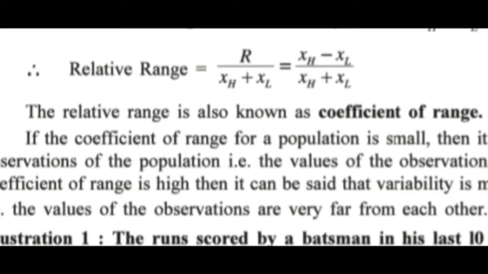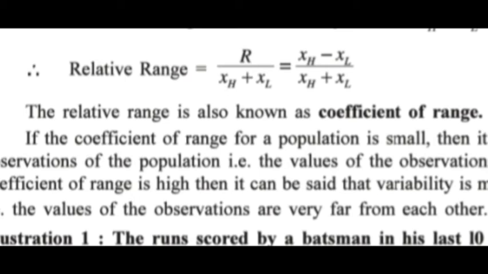coefficient of range. Over here, what is your XH? Again, XH is your highest observation, and XL is your lowest observation. Over here, you can find out the relative range or the coefficient of range by two methods or two formulas, as given over here, that is R upon XH plus XL, or say XH minus XL upon XH plus XL.